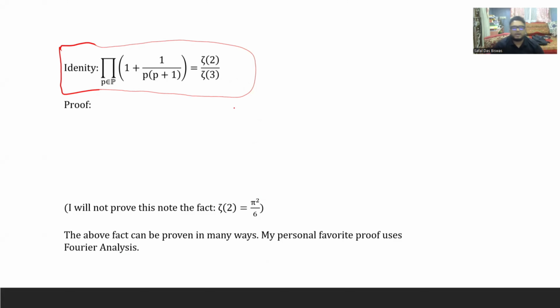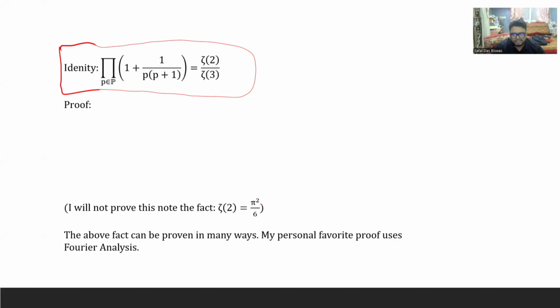Zeta 3 may not be known in a proper closed form, but zeta 2 is known to be pi square by 6. And for those who know Fourier analysis, one of my favorite proofs of zeta 2 equals pi square by 6 uses Fourier analysis. Those of you who know it, perfectly fine, but you don't need to know the proof. Just keep in mind that zeta 2 equals pi square by 6.